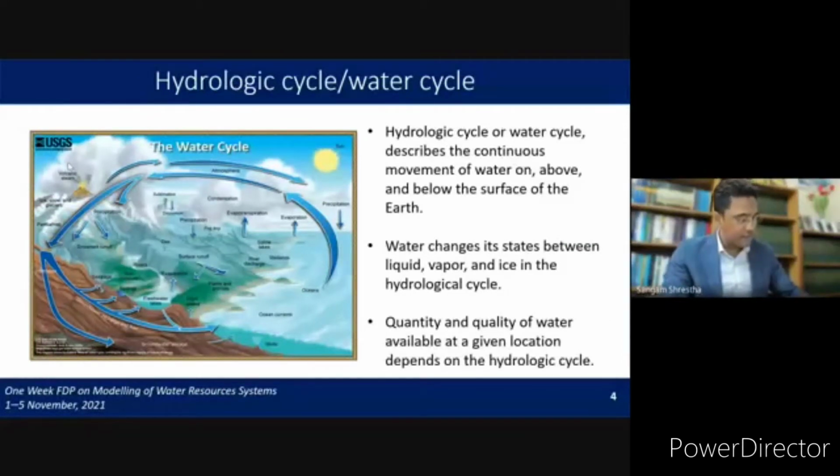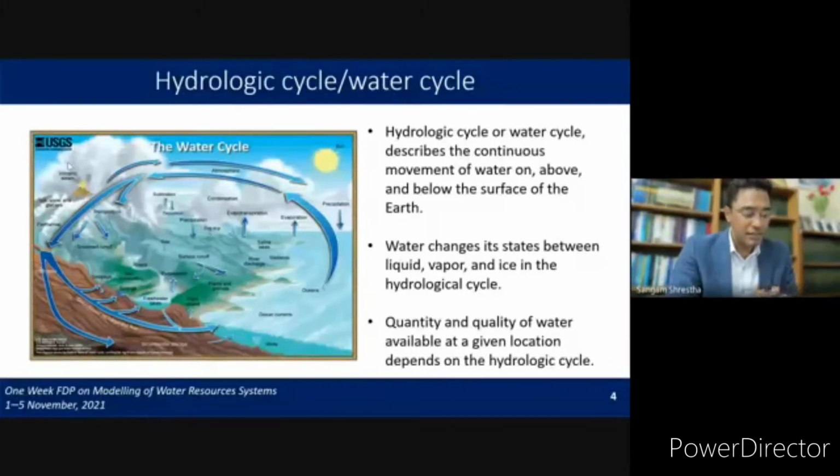As I mentioned, it's very important to understand the hydrological cycle to understand how climate change impacts the hydrology and water resources of any watershed, basin, or area. The hydrological cycle is also called the water cycle, and it describes the continuous movement of water on our earth.